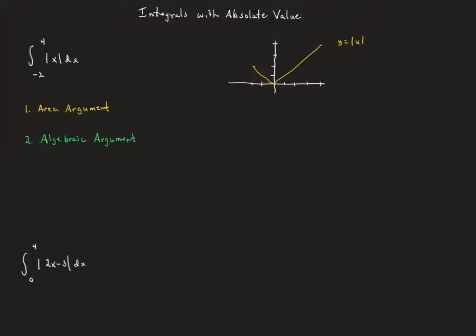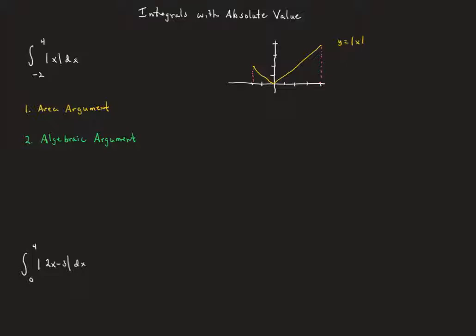If we graph the absolute value of x from -2 to 4, it looks kind of like a big check mark like we see here. It lends itself really well to an area argument because the area between the absolute value curve and the x-axis is really just two triangles.